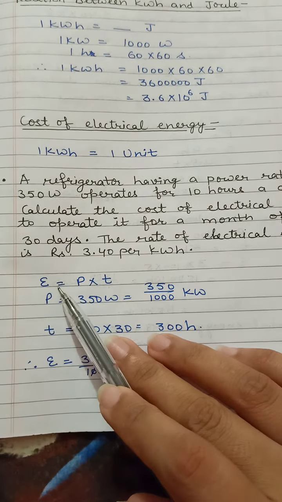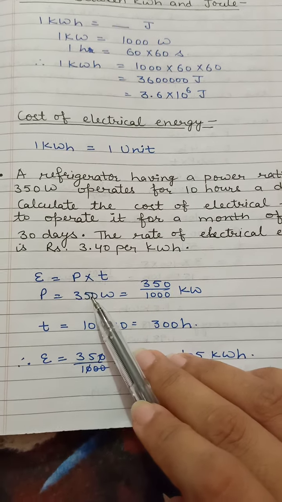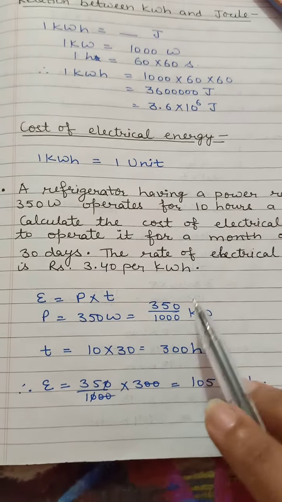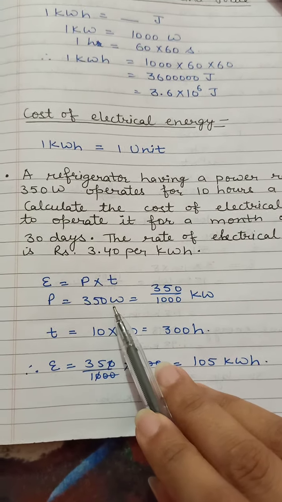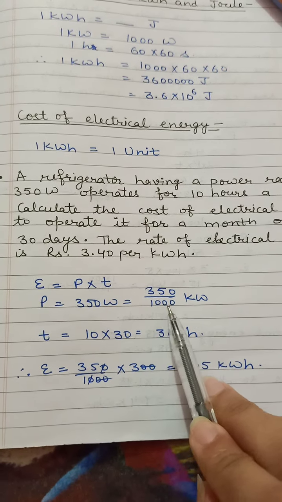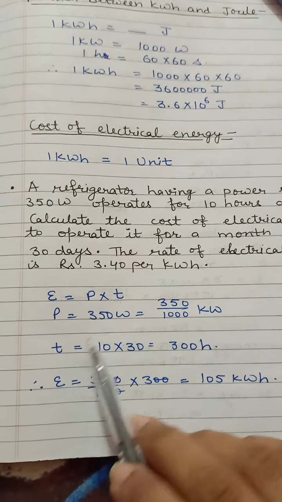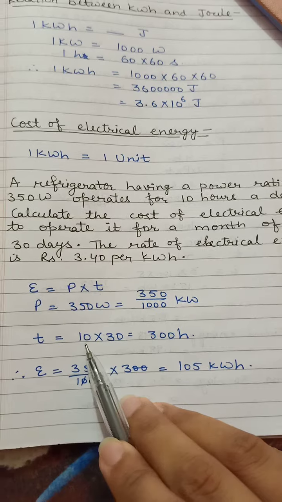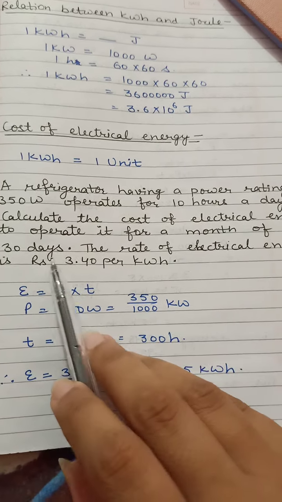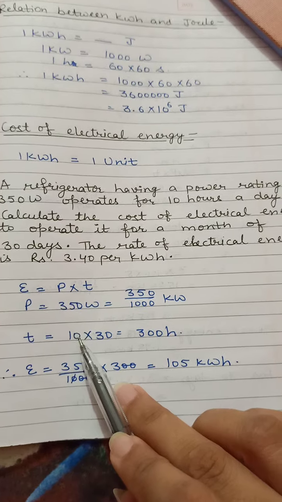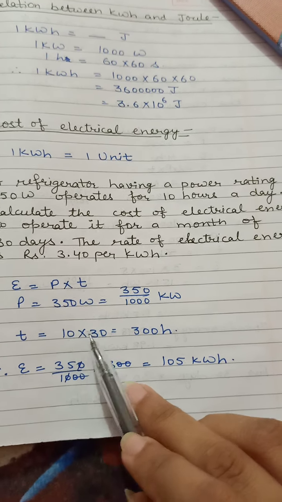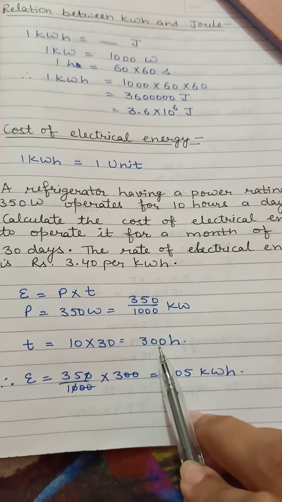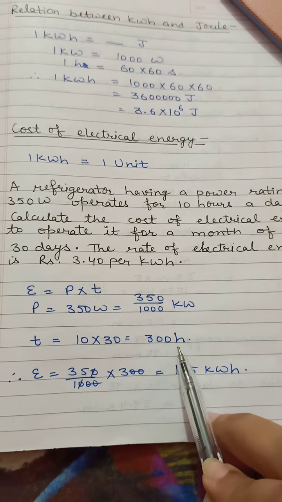We have the formula E is equal to P into T, and we are using the unit in kilowatt, so we will convert this watt into kilowatt: 350 upon 1000 kilowatt. Time is 10 hours for 1 day, so for 30 days, 30 into 10, it is used for 300 hours in 1 month.